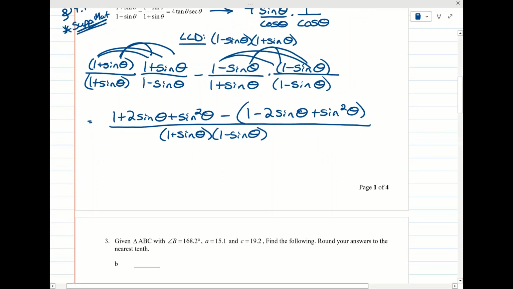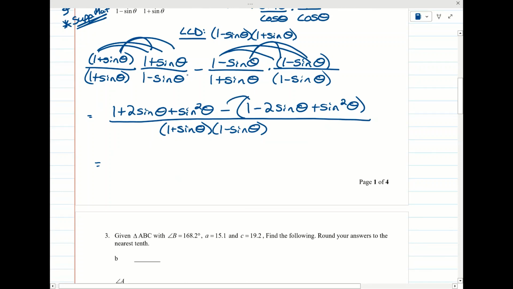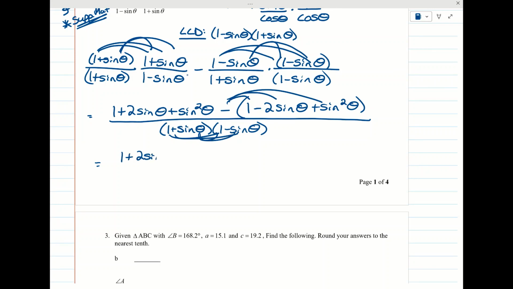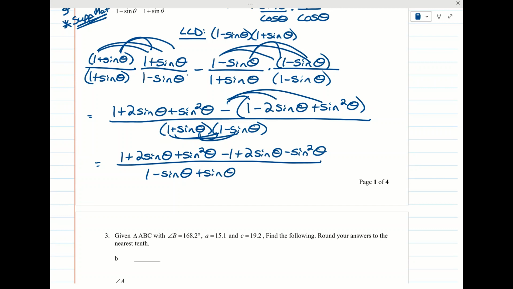So let's go ahead and finish this. I'm going to distribute this negative. I'm going to distribute the bottom. And we get 1 plus 2 sine theta plus sine squared of theta minus 1 plus 2 sine theta minus sine squared of theta, all over the bottom, which is 1 minus sine theta plus sine theta minus sine squared of theta. A lot of writing, but once we get a common denominator, the problem starts solving itself.